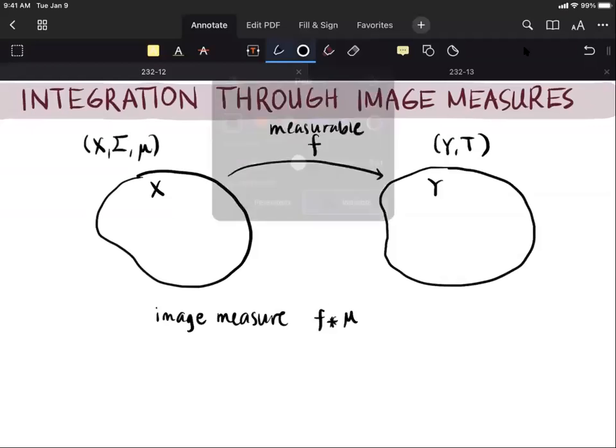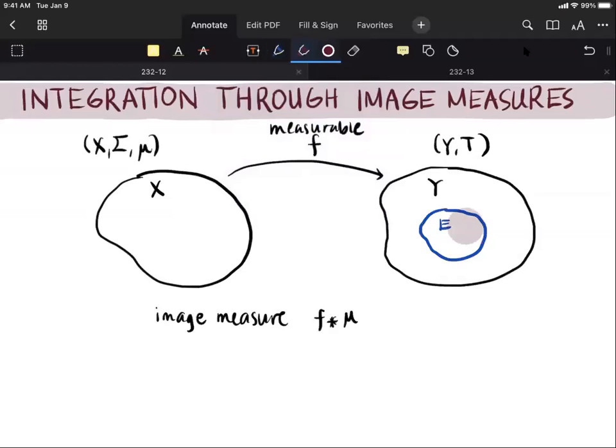And if I have a set, say E, on the codomain, if I want to take the image measure of this set, what we do is we take the inverse image.